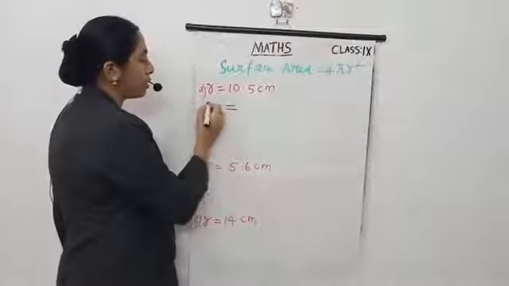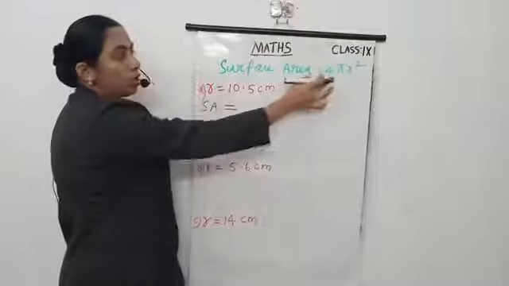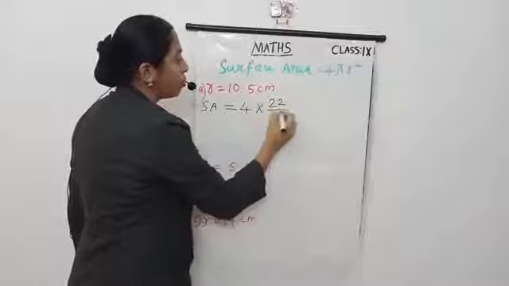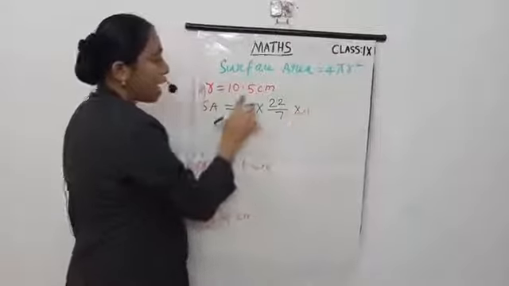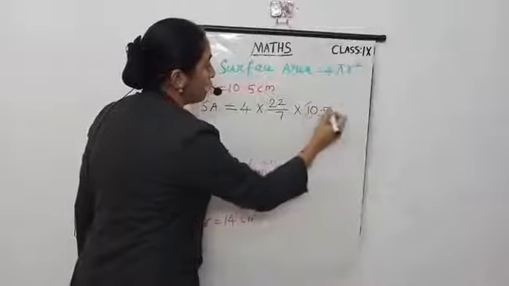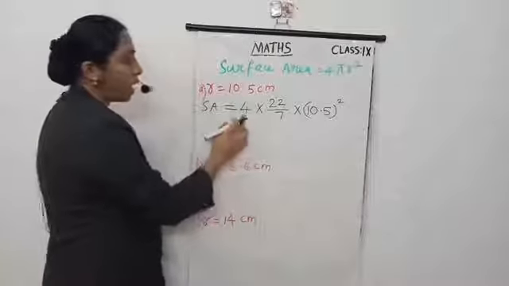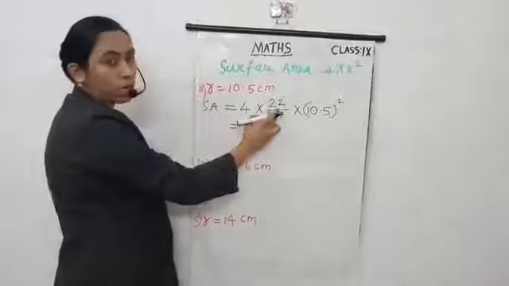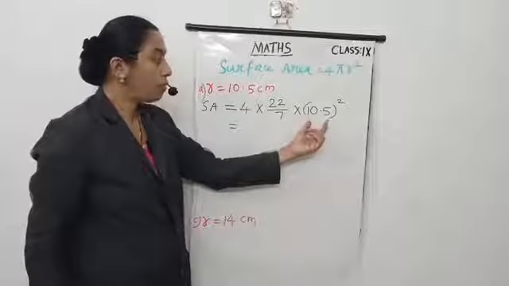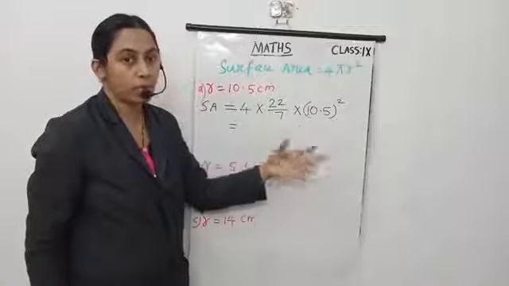Surface area is equal to 4 into 22 by 7 into 10.5 all square, which means 10.5 into 10.5.